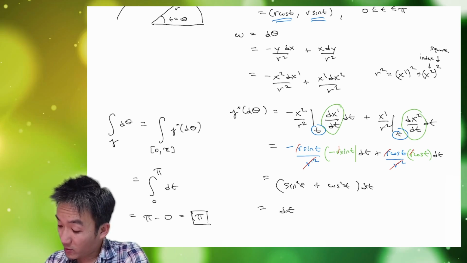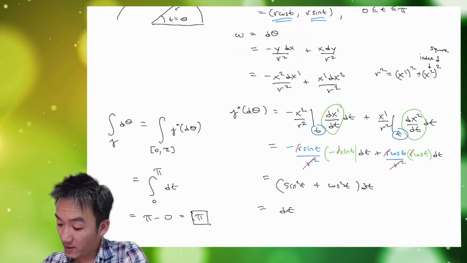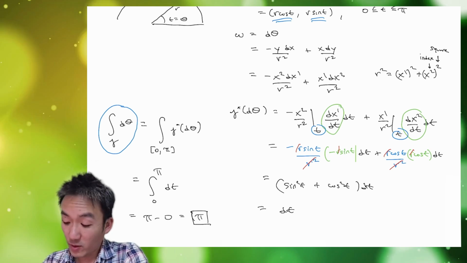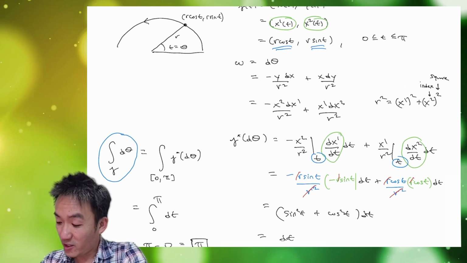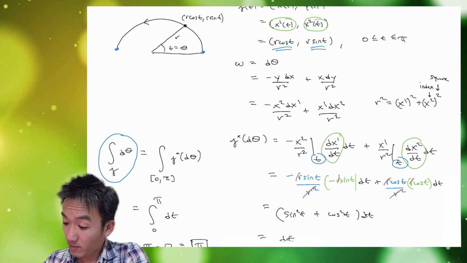And that makes sense, right? Because if we think about it, what is this integral on the left saying? It's saying, what is the change in theta as I move along gamma? That's intuitively what this integral is saying. And well, we know what the change is. It's the change in theta from here to there, and that's pi. Okay.